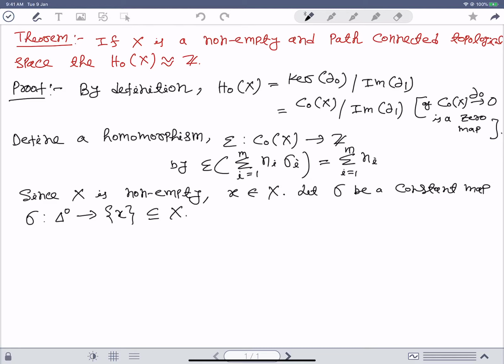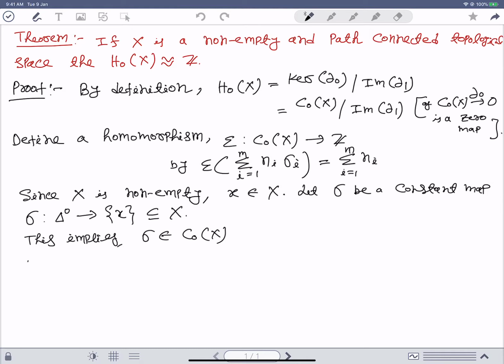So we can say that this sigma is a singular 0 simplex. That implies sigma belongs to C0 of X. So if X is non-empty, then C0 of X is also non-empty.